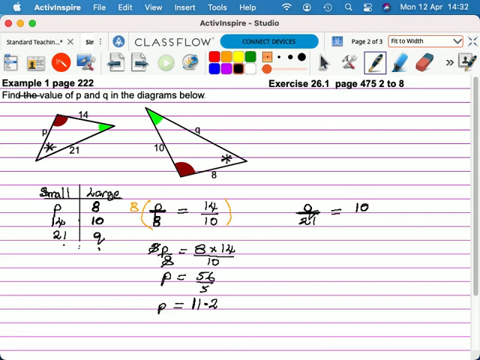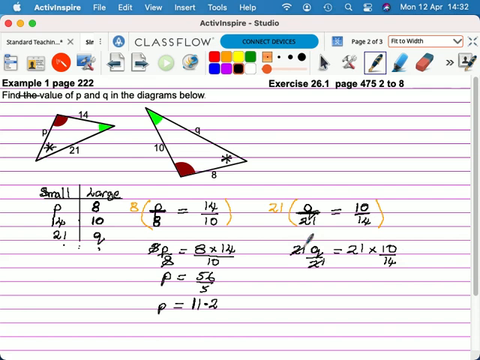So it's 10 divided by 14. And then, once again, we're back to 2nd year mathematics, where I have to get rid of the divide by 21. How do I get rid of a divide by 21? Well, I multiply everything by 21. So I end up with this.